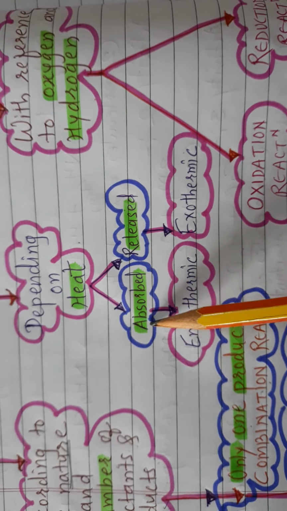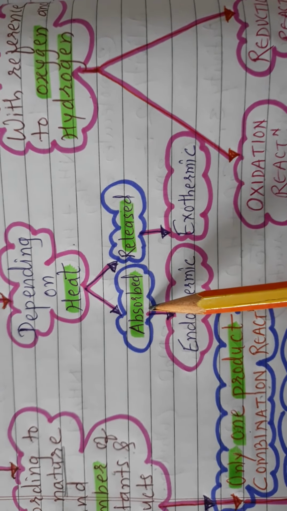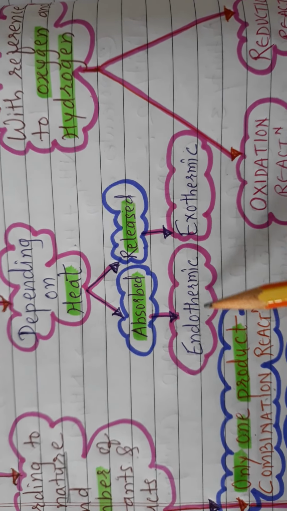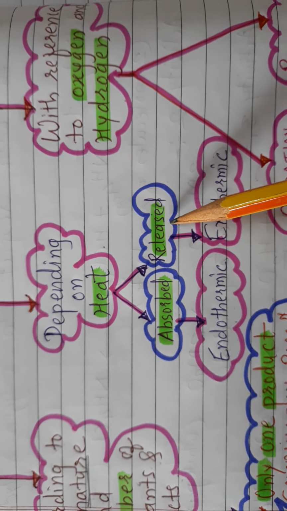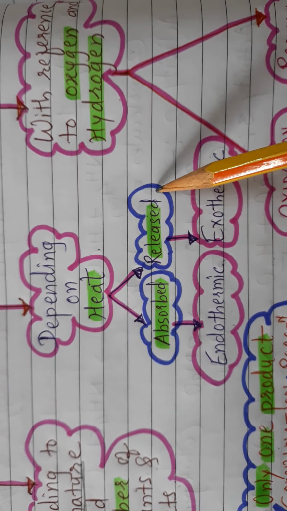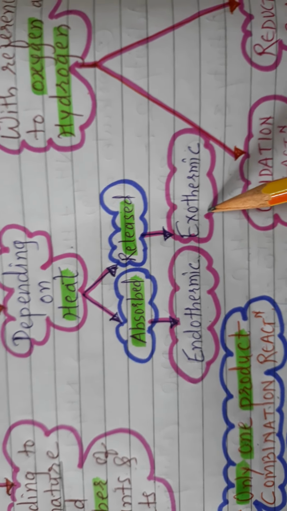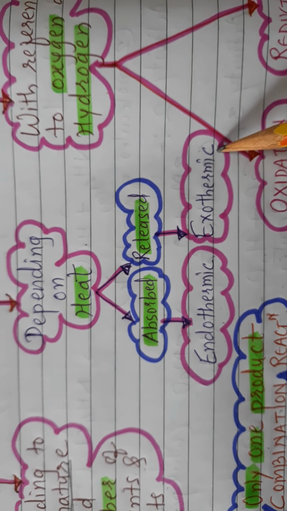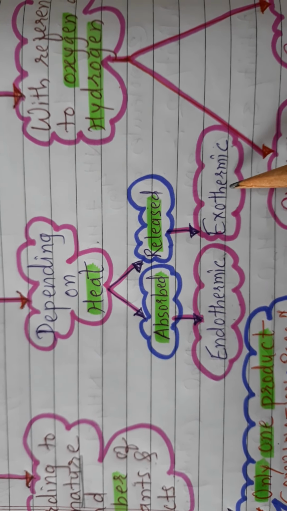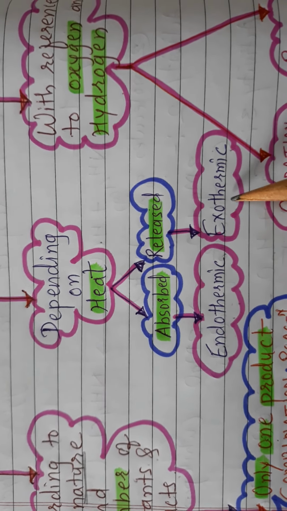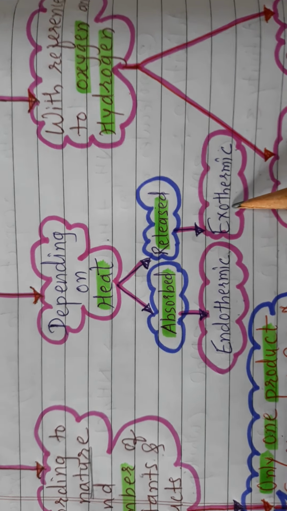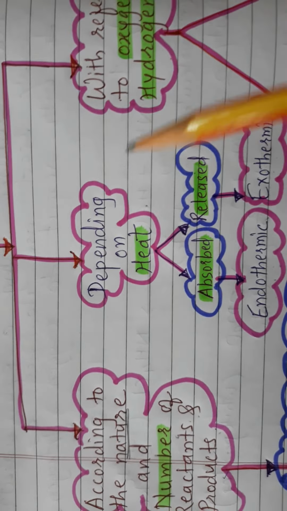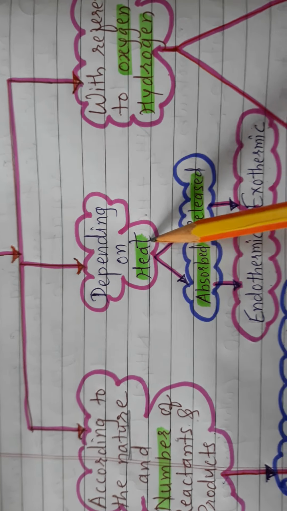If in the reaction heat is absorbed, then it is called an endothermic reaction. And if in the particular reaction heat is released, then it is called an exothermic reaction. So endothermic and exothermic, this is one classification of the reactions depending on the heat.